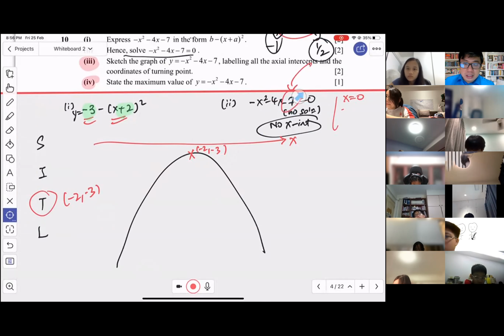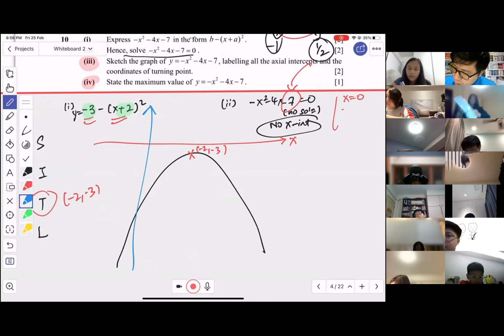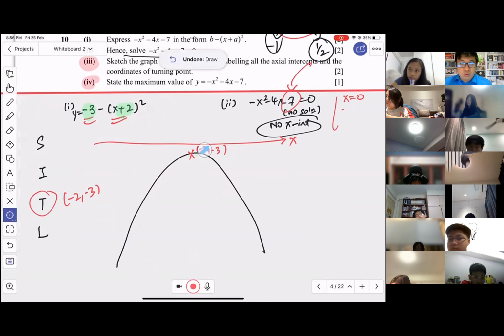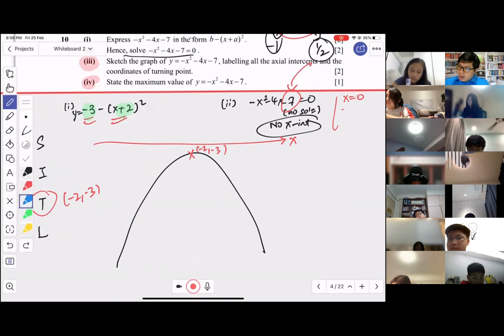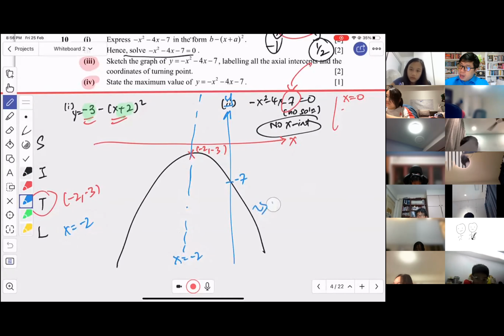My y-intercept is negative 7. So I draw the graph. Sorry, wrong: since this is negative 2, it should be on the left of the y-axis. This is negative 7. The line of symmetry is just passing through the turning point. With that, I am done.